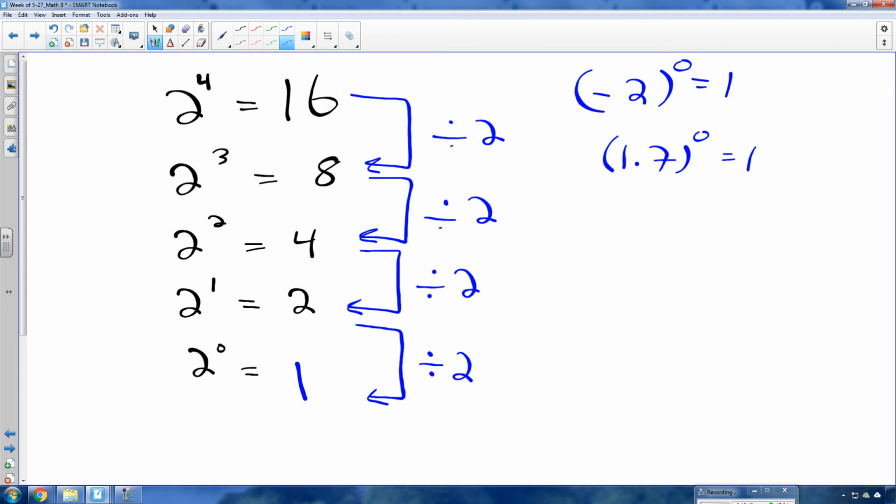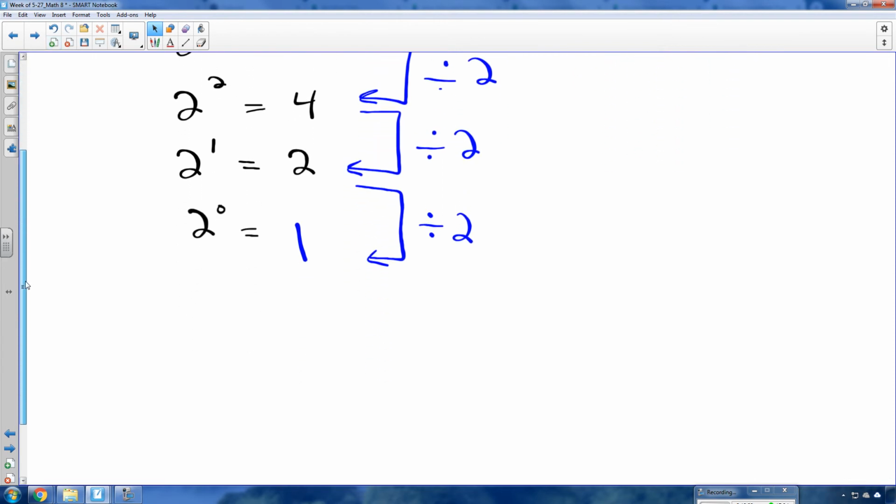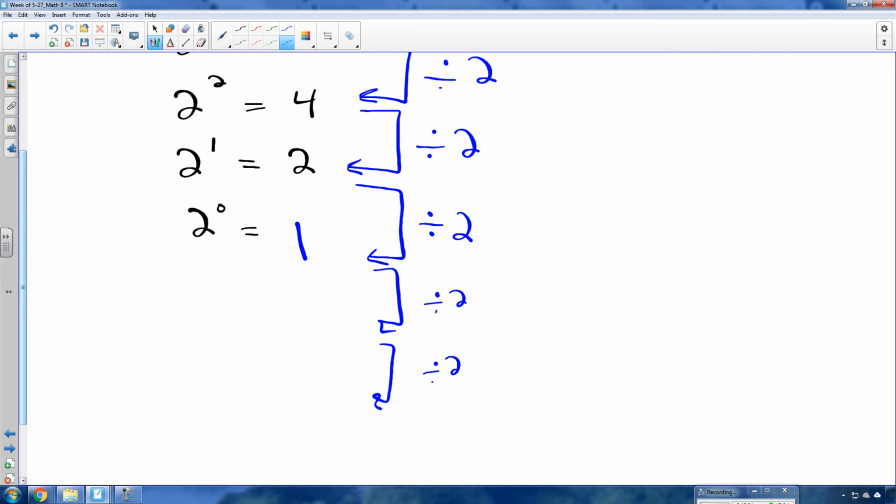Let's try to continue the pattern a little bit further, okay? So if we continue the divide by 2 pattern, I'm just going to keep going: divide by 2, divide by 2, divide by 2. So let's think about what would happen here. We got these answers. They're going to be here. 2 to the what, 2 to the what, and 2 to the what.